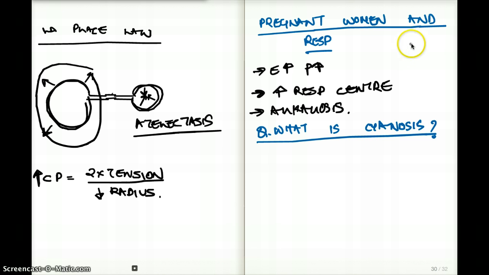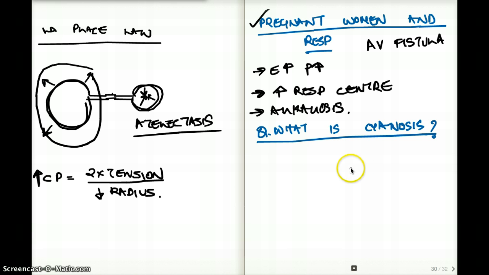In pregnant women, sometimes we also see AV fistulas, and sometimes they show up in the skin, and we call them spider angioma. Not really related to our respiratory system, but kind of related to the whole cardiovascular respiratory system, right? So that's another thing I wanted to talk about.